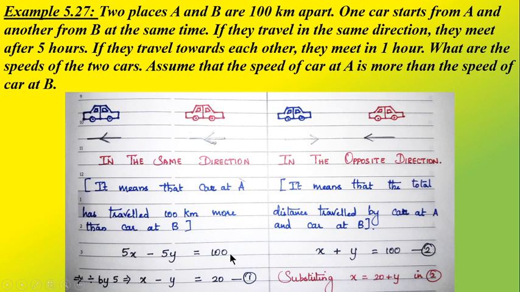Since 5 is the common factor in this equation, we can divide by it, and when you simplify, you get x minus y is equal to 20.